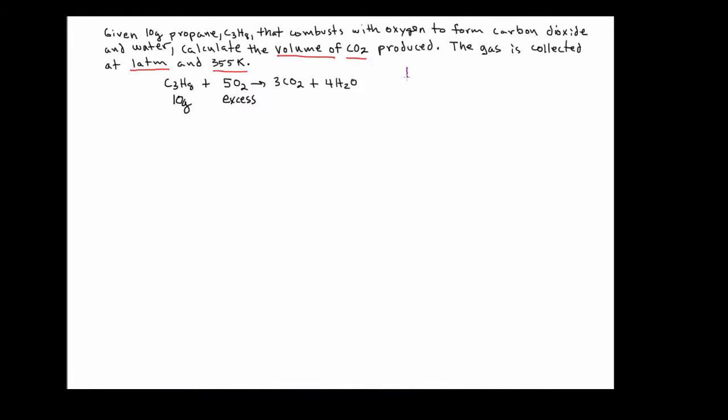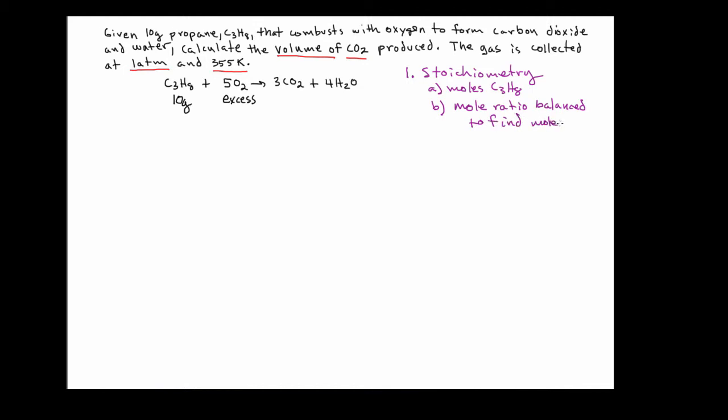In the first part, we want to handle the classic stoichiometry, and this is going to involve two things. We need to find the moles of the propane that's going to react, and secondly we need to use a mole ratio from the balanced equation to find the moles of CO2.